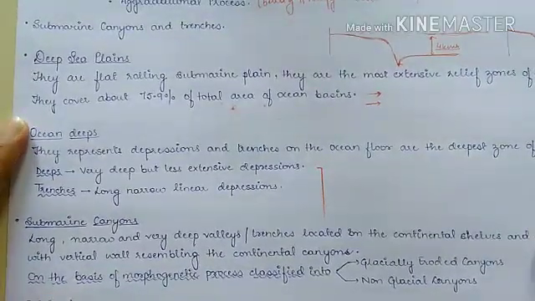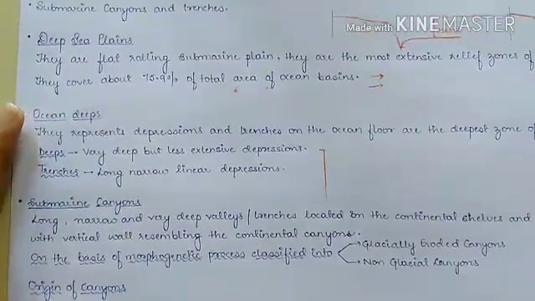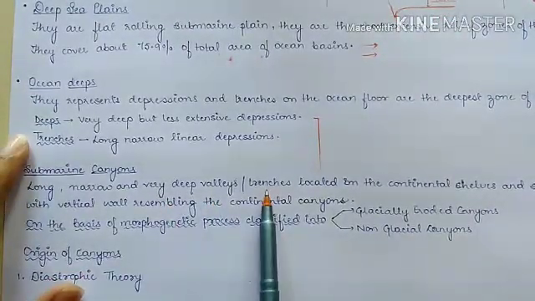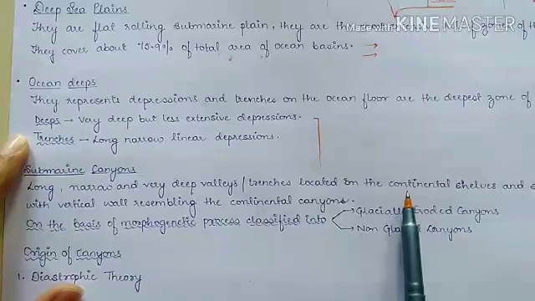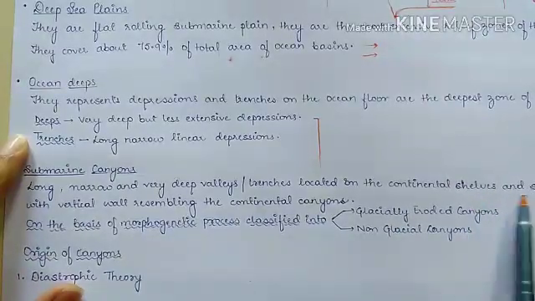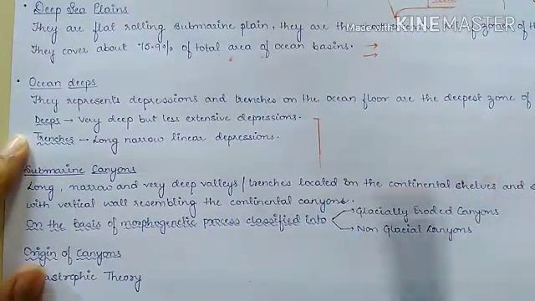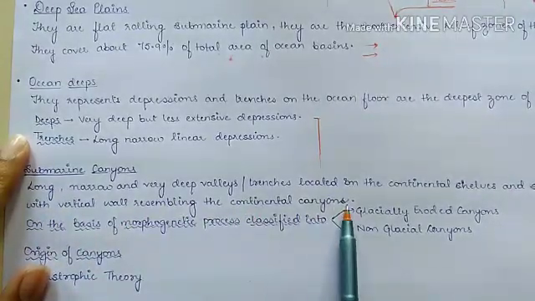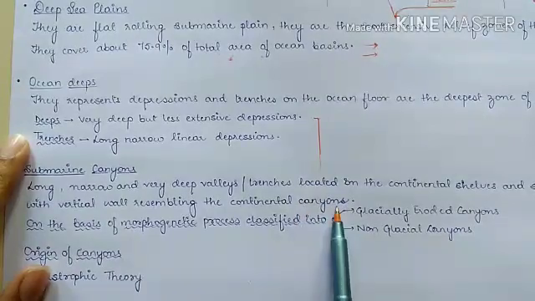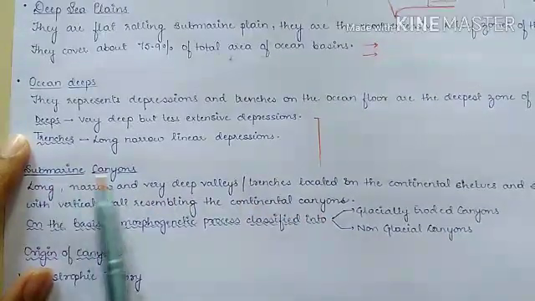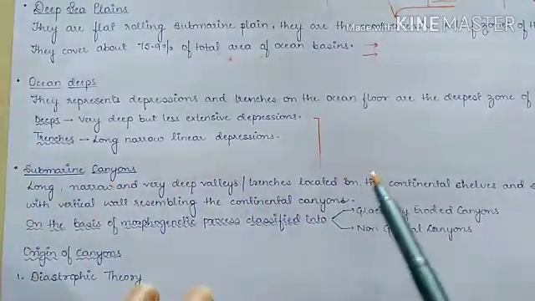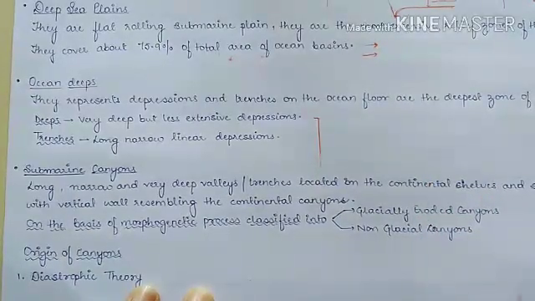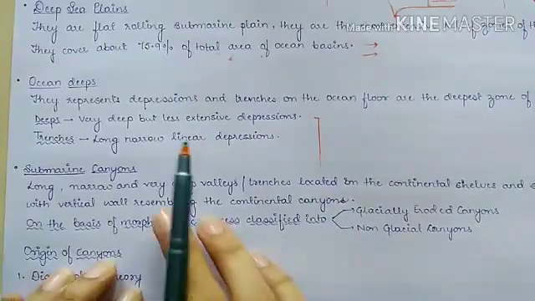Now we will have submarine canyons. Submarine canyons are long, narrow, and very deep valleys or trenches located on the continental shelf and slopes, with vertical walls resembling continental canyons. So, like continental canyons, we have submarine canyons which are located on continental shelves or slopes, and they also have vertical walls.